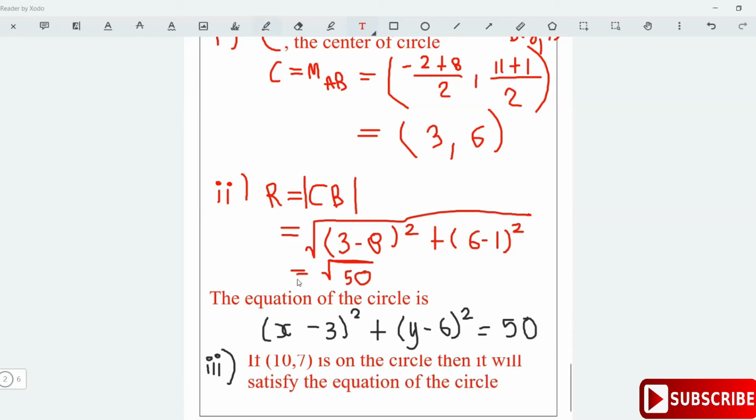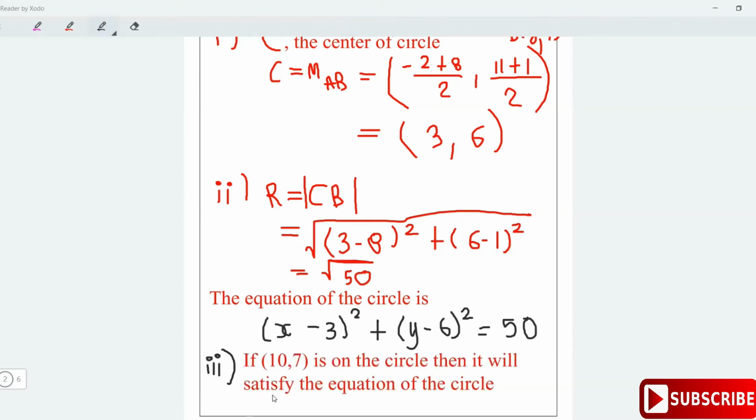If we replace x with 10, we're going to get (10 − 3)², plus, if we replace y with 7, we're going to get (7 − 6)². Now look at that. 10 minus 3 is 7. 7² is 49. 49 plus 1 is 50.